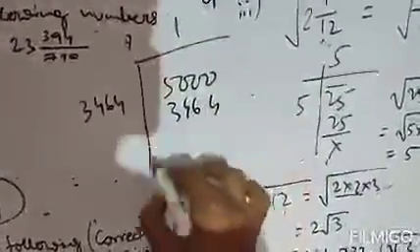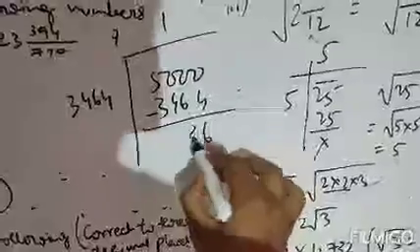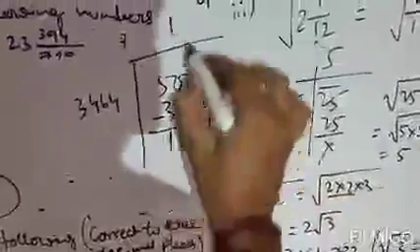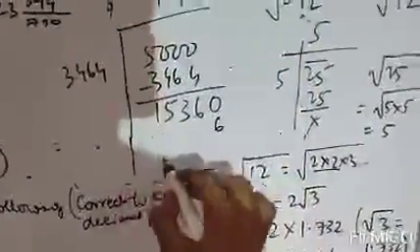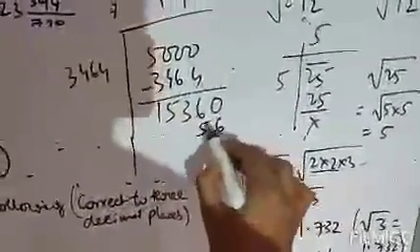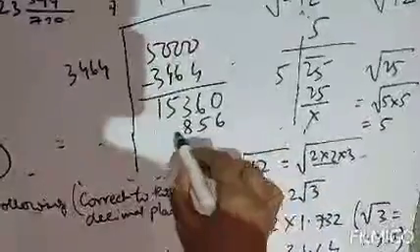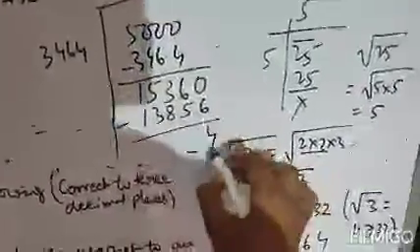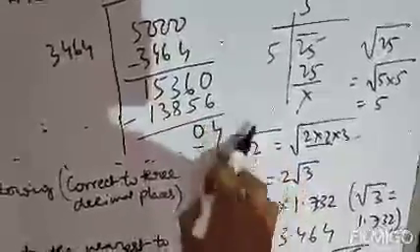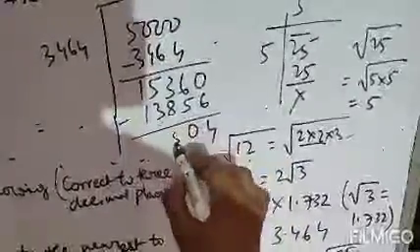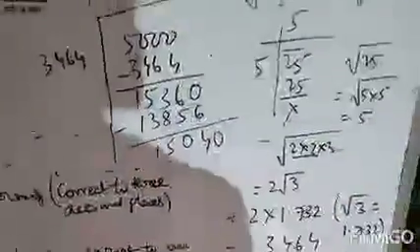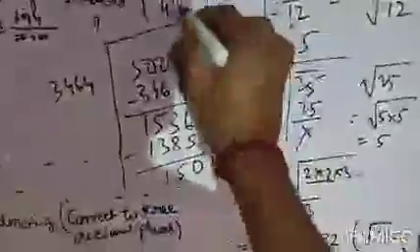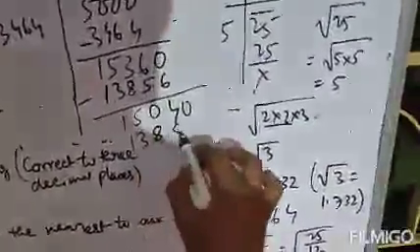So 3464, so just 1, 1 decimal 0, 4, 13, 1504. For decimal we will have 0 again. Now again do it by 4, it will be 13,856.